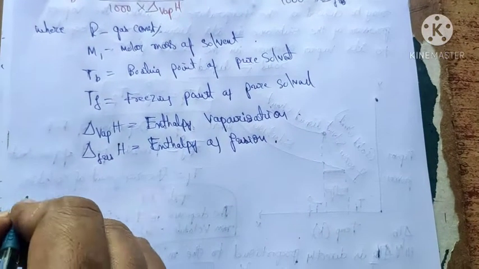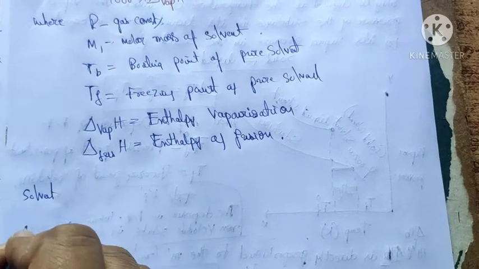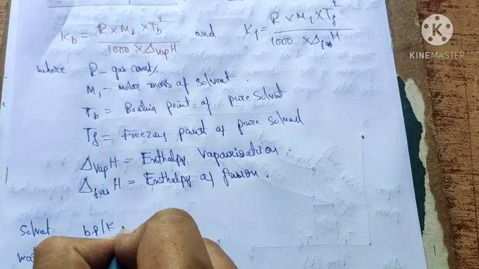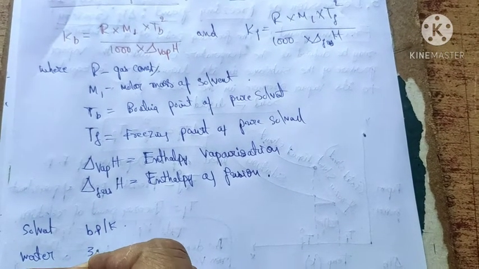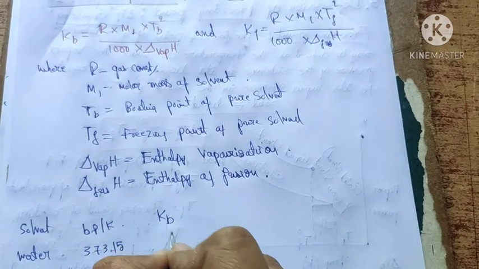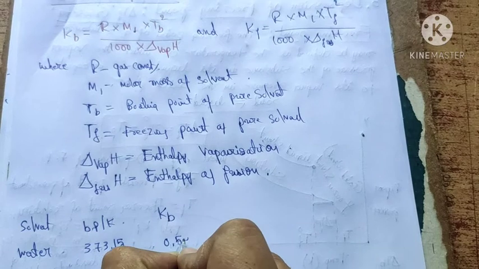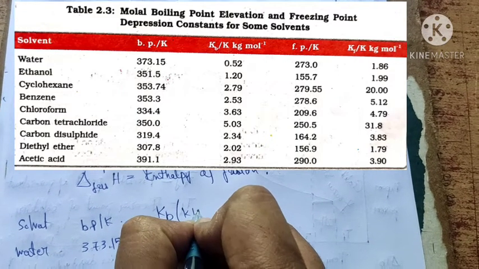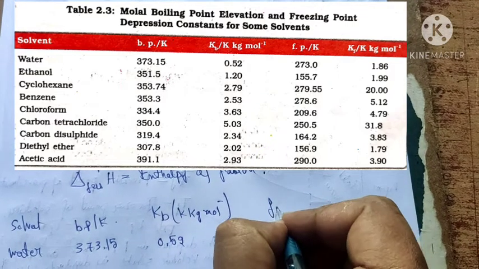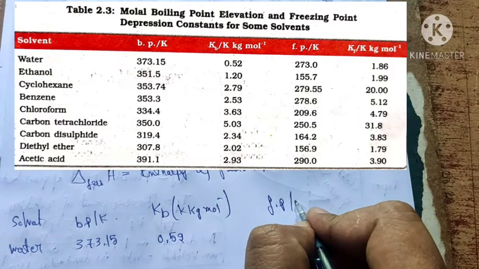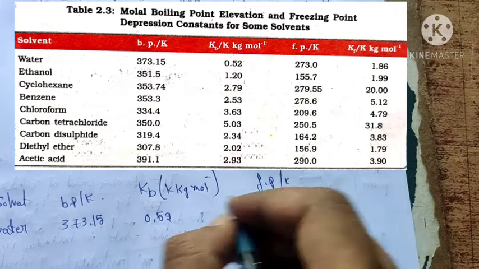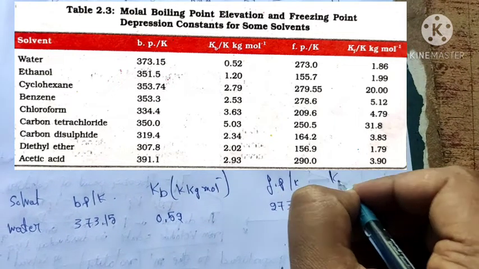One example is a solvent like water, with boiling point 373.15 K. The KB value is 0.52, represented in Kelvin kg per mole. The freezing point of water is 273.0 K. So what about KF?